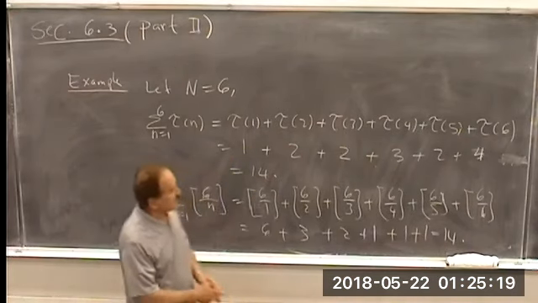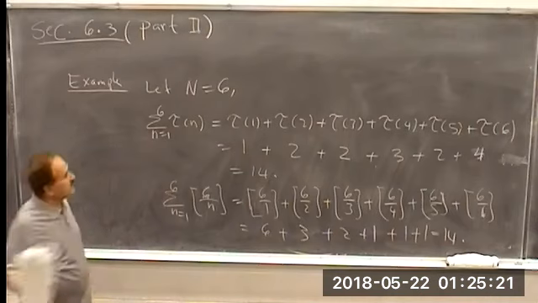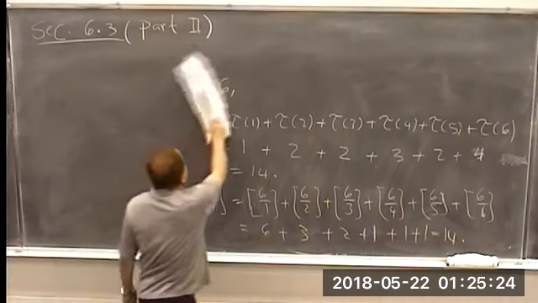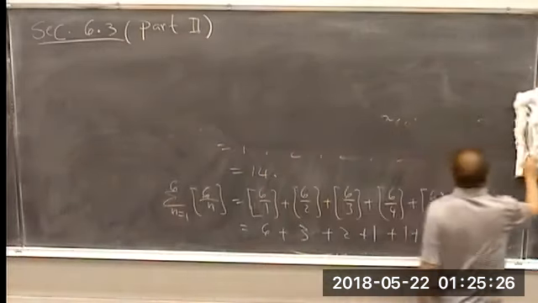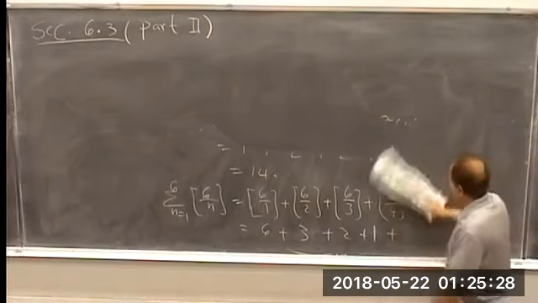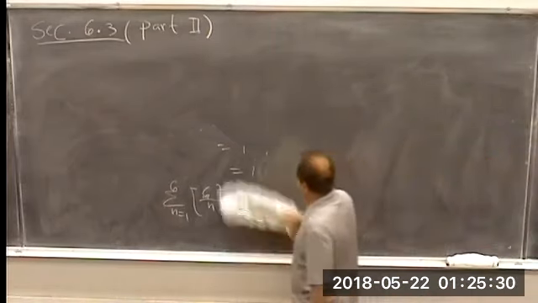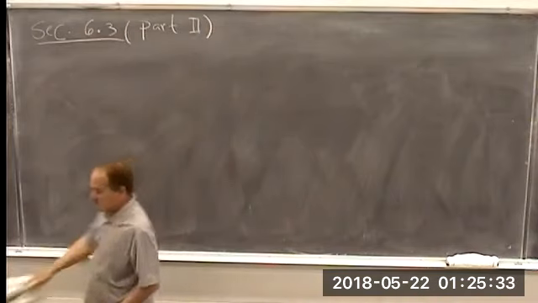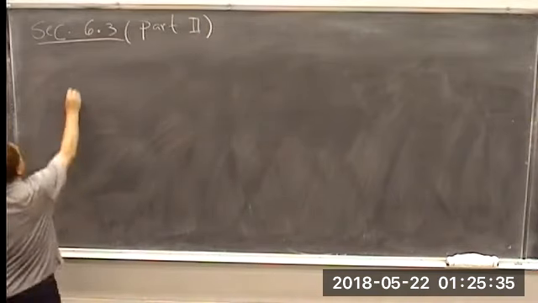We also have a similar formula for the sum of divisors. So we have another corollary, Corollary 2.